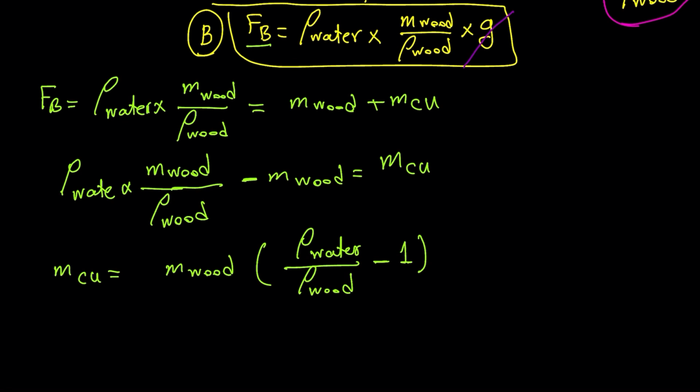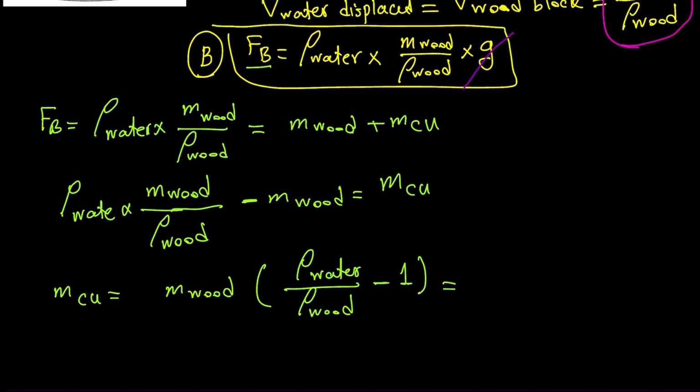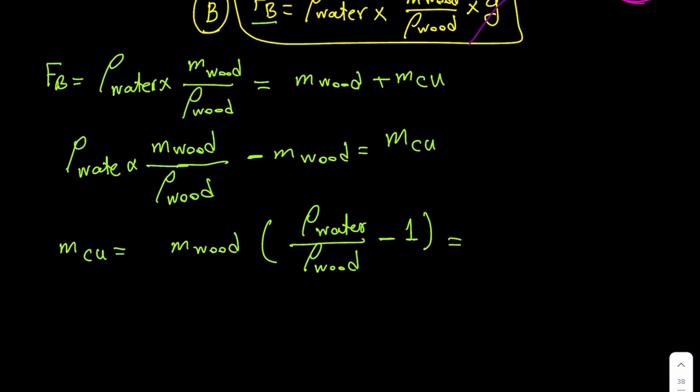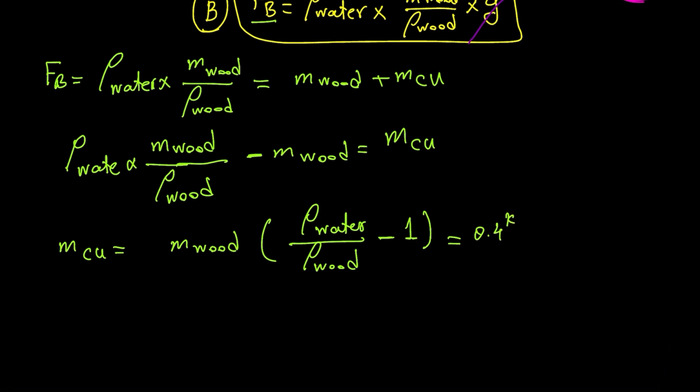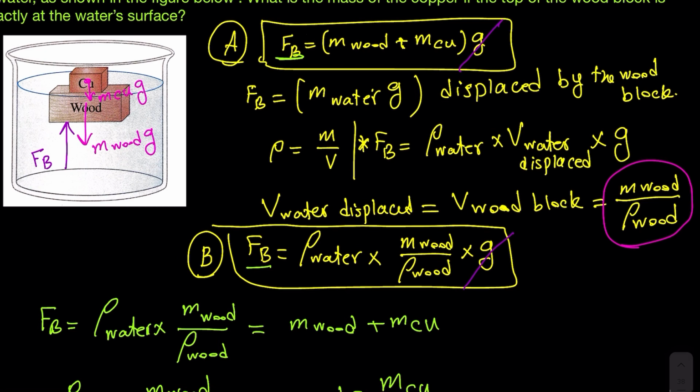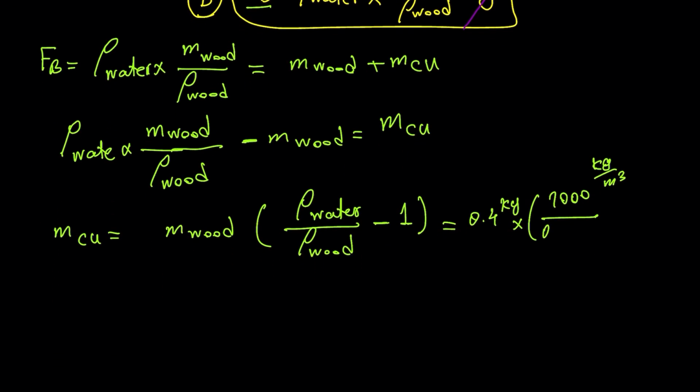Mass of wood here is 0.4 kilogram, times the density of water, 1000 kilogram per cubic meter, divided by the density of wood, which is given here as 0.6 times 10 to the power of 3 kilogram per cubic meter, minus 1.